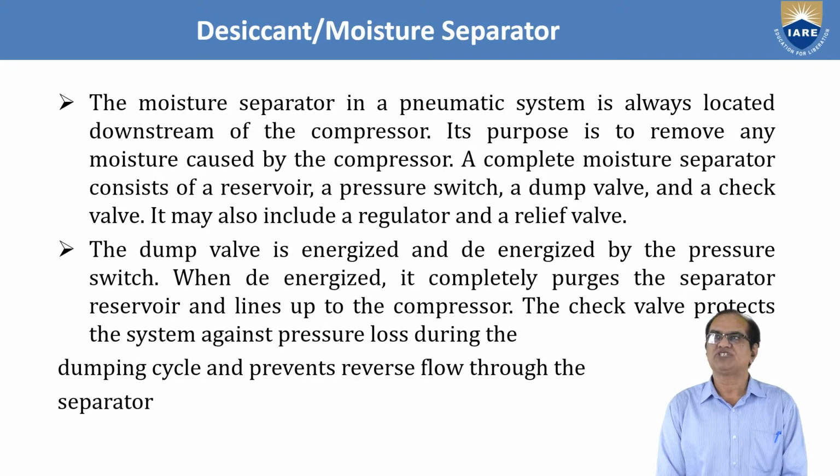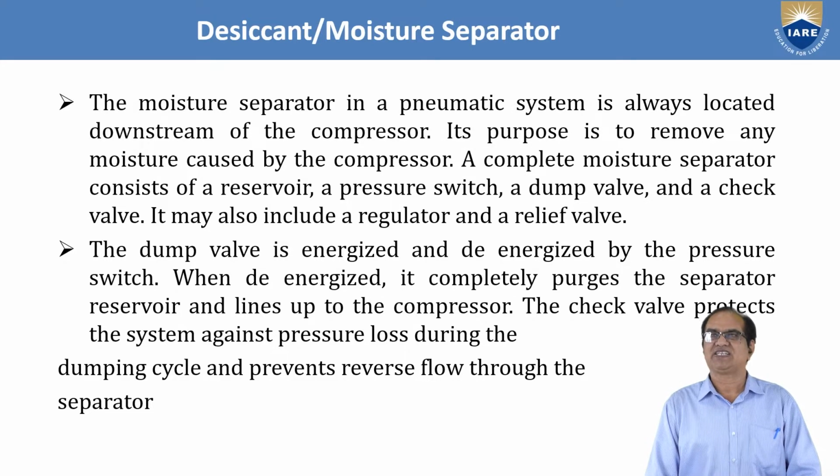A complete moisture separator consists of a reservoir, a pressure switch, a dump valve, and a check valve. It may also include a regulator and a relief valve. The dump valve is energized by the pressure switch.